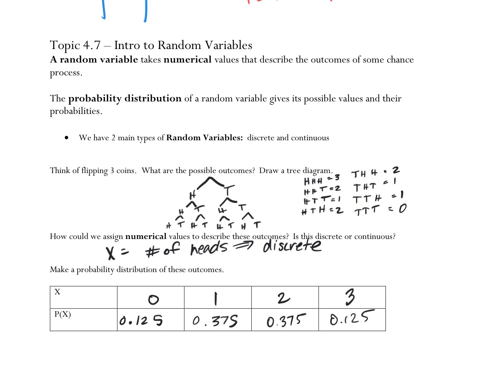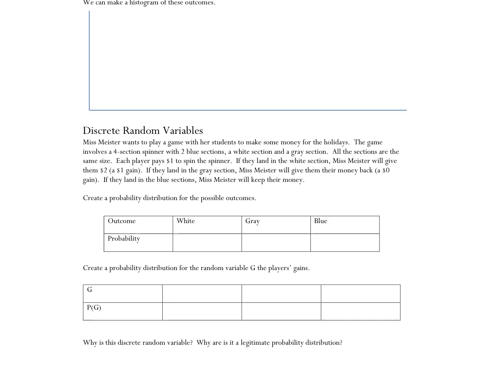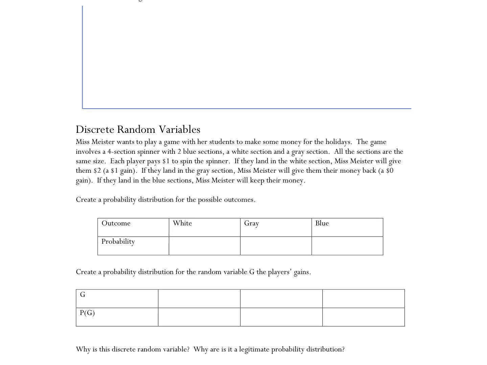All right. Now, we started by thinking about probability as how frequently something happens, which means we can draw a histogram of a probability distribution. Okay?